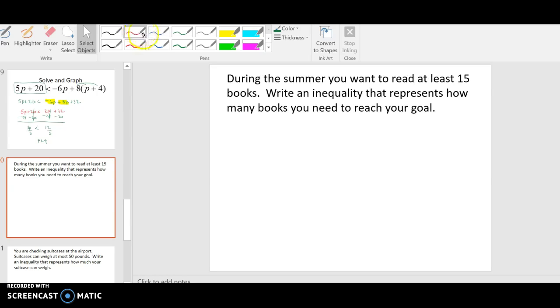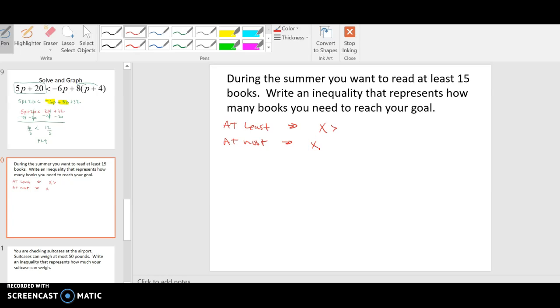Now, the next examples, do not make them harder than they need to be. There's a couple of keywords we're going to talk about here. When we see at least, that means that's the smallest something can be. So if it's at least something, that's the smallest, so the whatever must be greater than. At most means that's the biggest it can be.